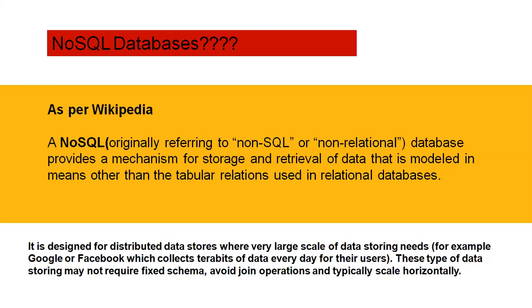So we need not use the join operation to retrieve data from various different tables because data is in a single file. And typically we use horizontal scalability. We will discuss horizontal scalability, which does wonders, at a later stage.